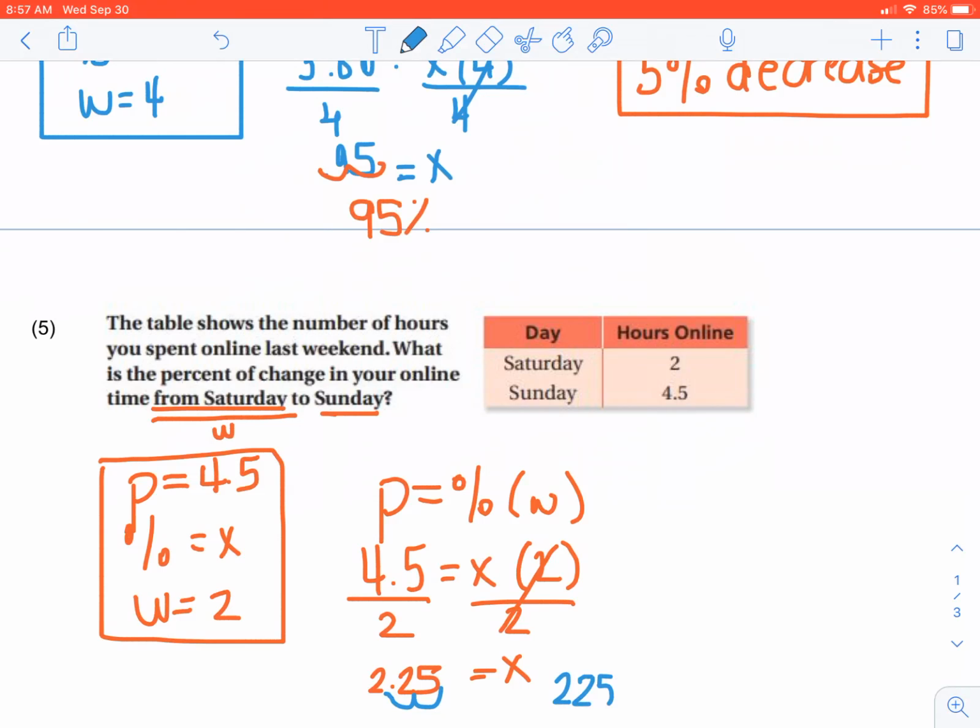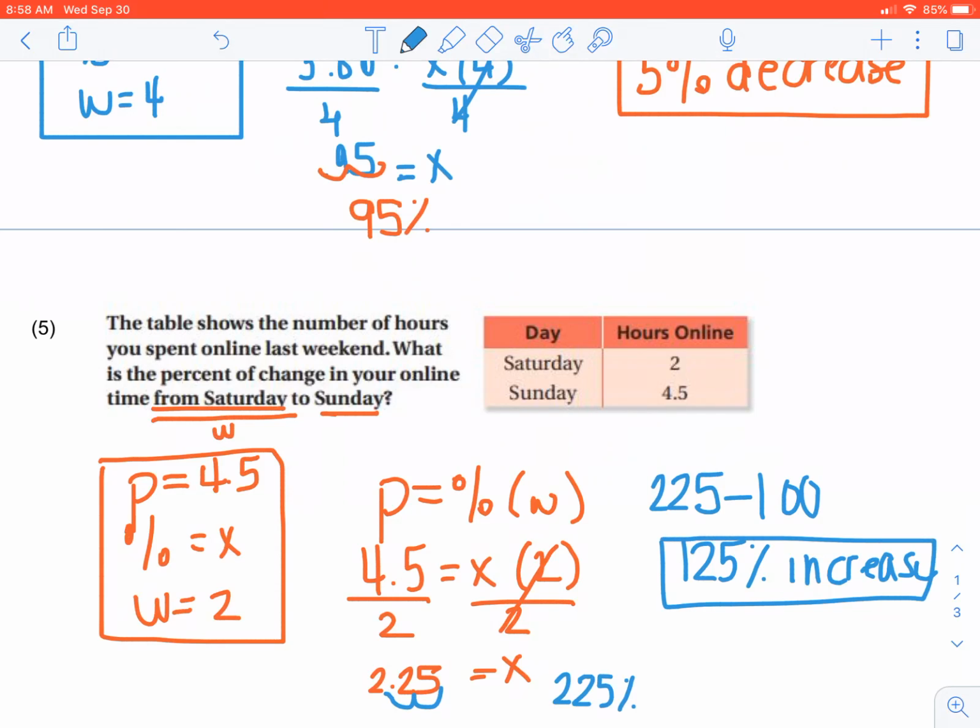So 225%. Now that's not our answer. It starts at 100% and it went all the way up to 225. So 225 minus 100 means that it was a 125% increase. And just make sure 2 is smaller than 4.5, so that would make sense.